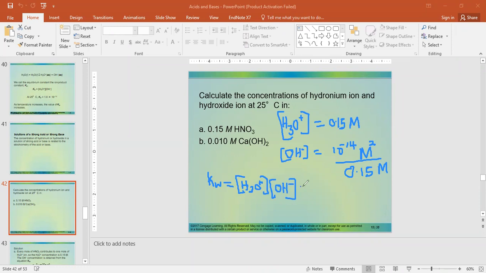And this is equal to 10 to the negative 14 m squared. You remember that? Yes. Now, from this, we have been able to calculate and find that the concentration of the hydronium ion is 0.15, isn't it?